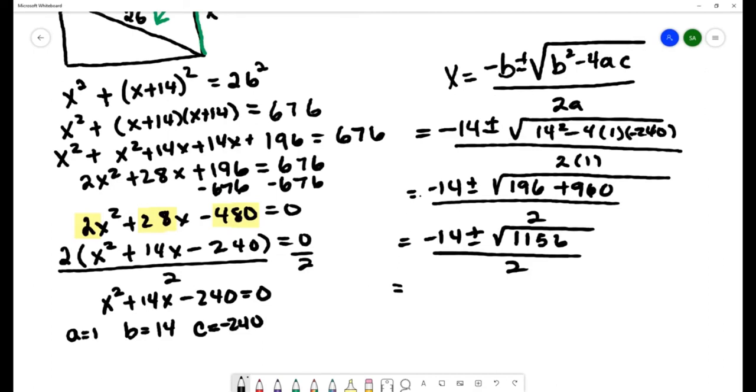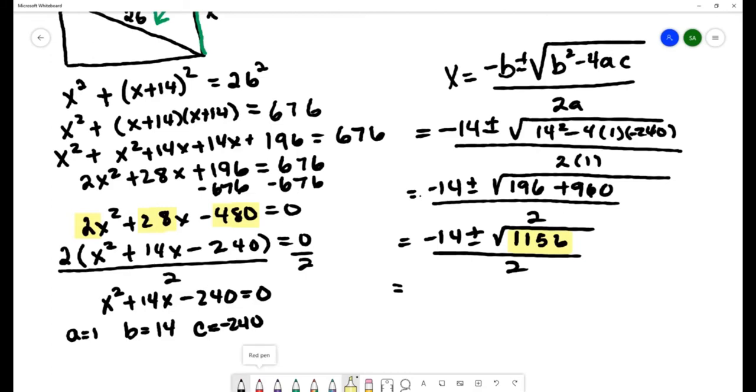We want to see if we can simplify that radical. So that's a really big number, so I'm not familiar with factors of it off the top of my head. What I'm going to do is try to figure out some perfect squares that might be factors of this number.